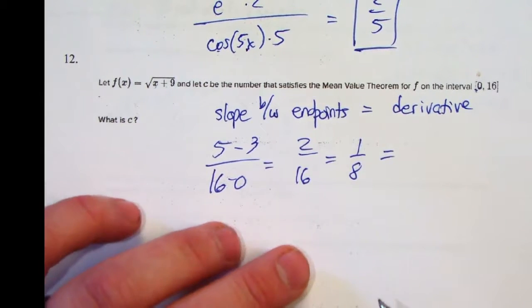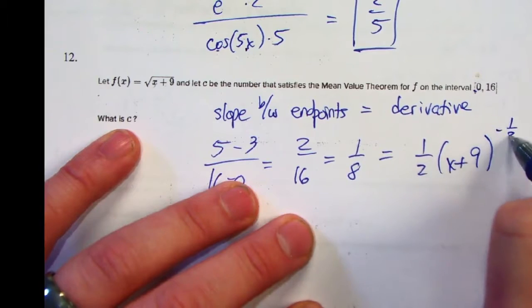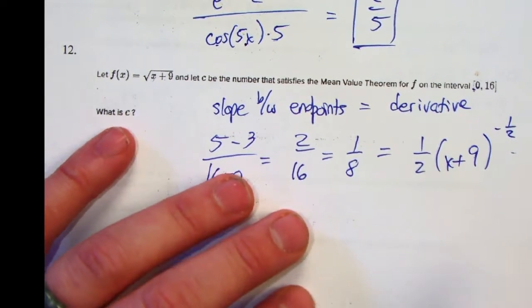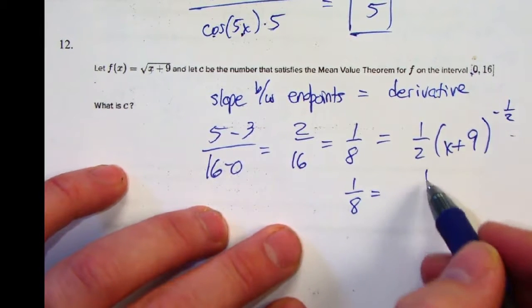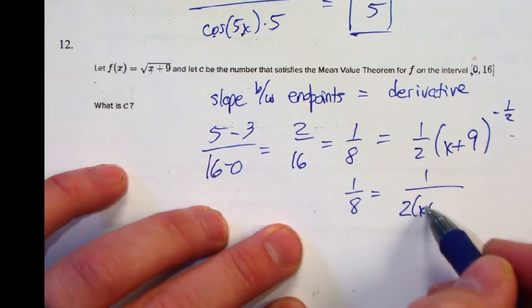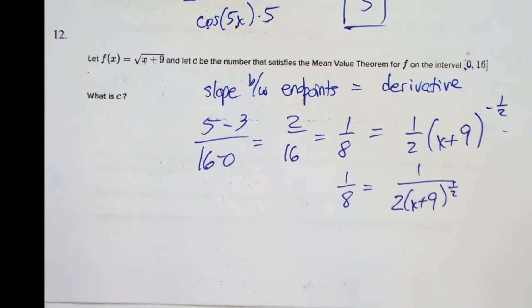That's got to equal the derivative. So the derivative is 1/2 times x plus 9 to the negative 1/2 times the derivative of the inside, which is just 1, so you don't need to worry about it. If I rewrite that, that's 1 over 2 times x plus 9 to the 1/2.